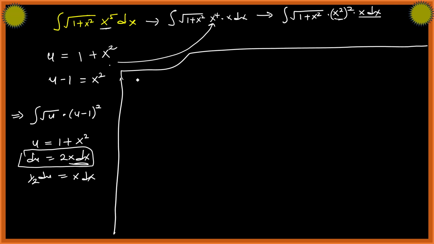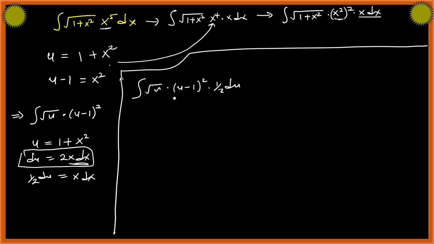So let's go again. We have this times u minus 1 squared times half, where x dx is the same as half du. Good.